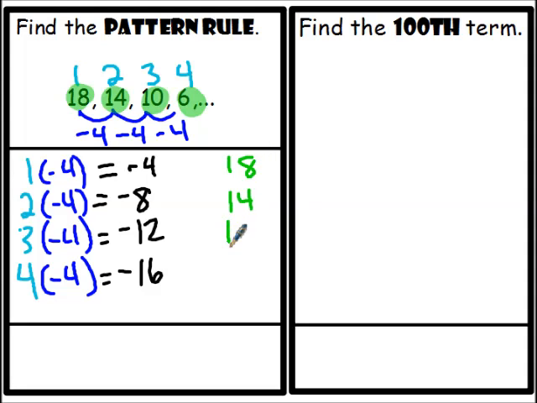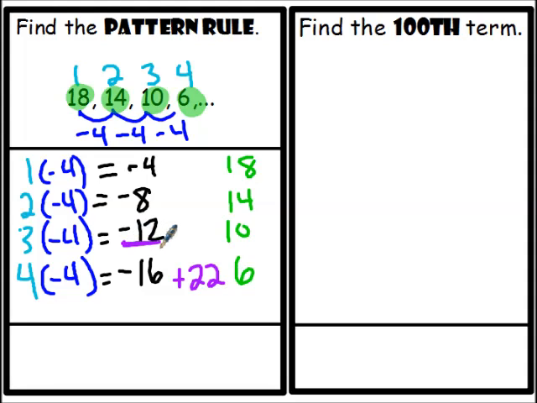What do we need to do to get to the numbers that we intended to get to? What is the difference between negative 16 and 6? Well, to get from negative 16 up to 0, that would be 16, and to get from 0 to 6 would be another 6. And 16 plus 6 would give us 22. So we see that we need to add 22 here.